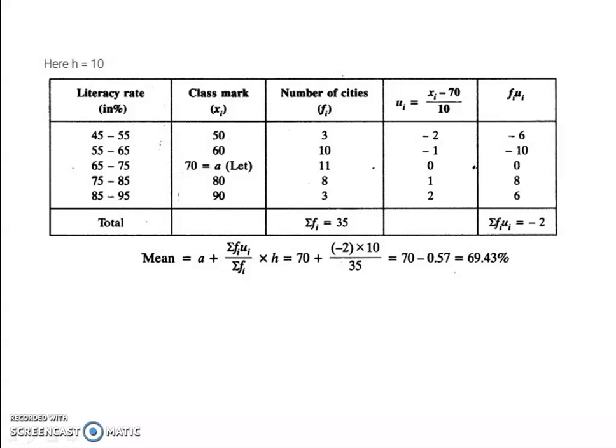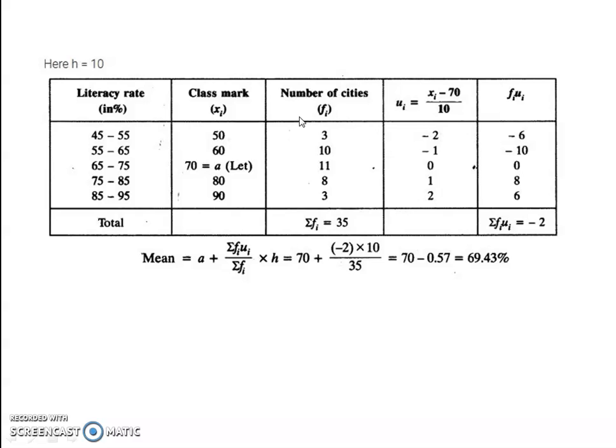Minus 10 by 10, minus 1. 70 minus 70, 0. 0 by 10, 0. 80 minus 70, it is 10. 10 by 10, 1. 90 minus 70, 20. 20 by 10, it is 2.